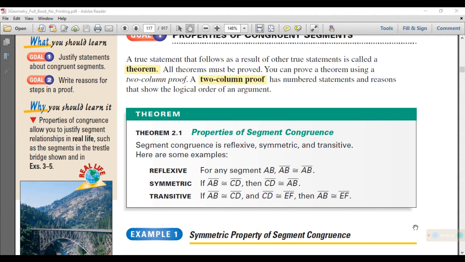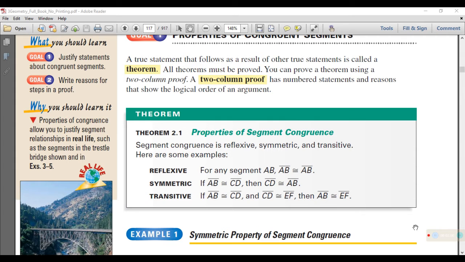Next, symmetric. If segment AB is congruent to segment CD, then segment CD is congruent to segment AB. Katulad ng symmetric property of equality natin, if you interchange the left-hand side and right-hand side, walang magbabago dun sa congruence natin. This time, we are talking about congruence instead of equality.